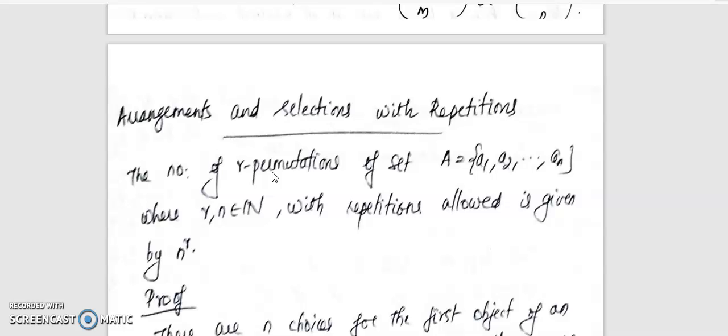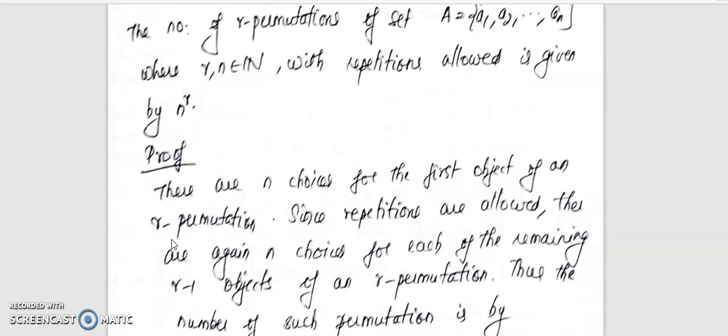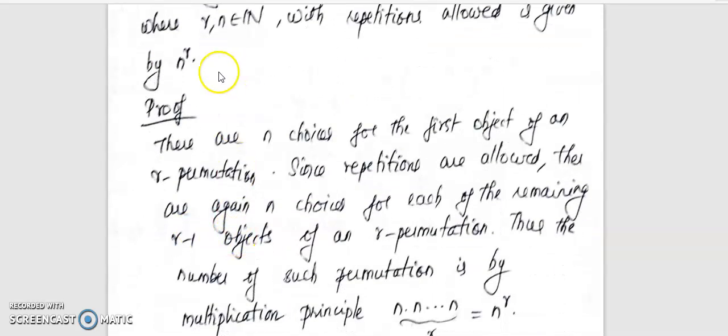Similarly in the rth place, since repetition is allowed, all n objects can be placed. So therefore by multiplication principle the number of r-permutations with repetition allowed will be given by n raised to r. So the proof is what we have said just now.